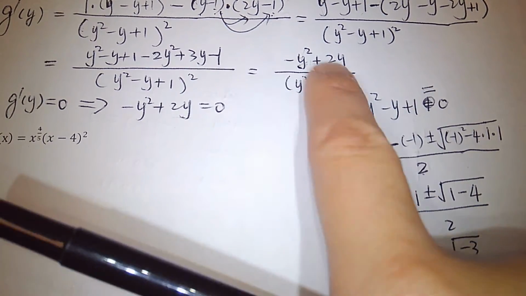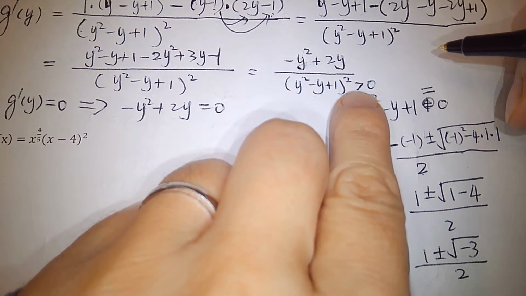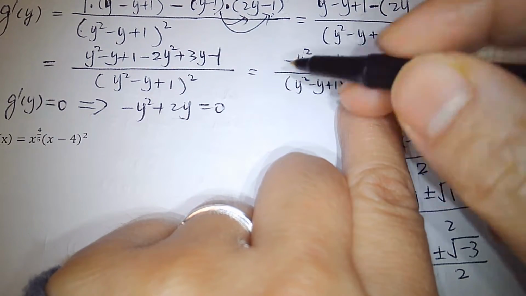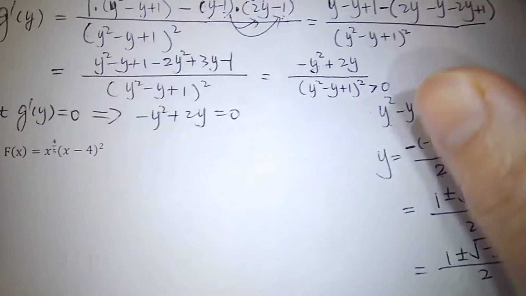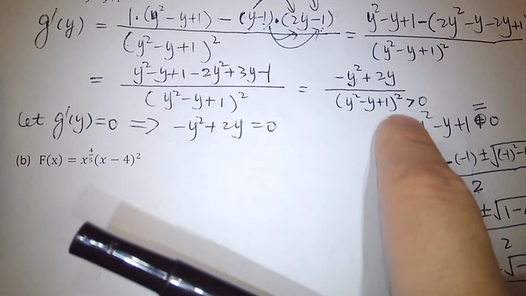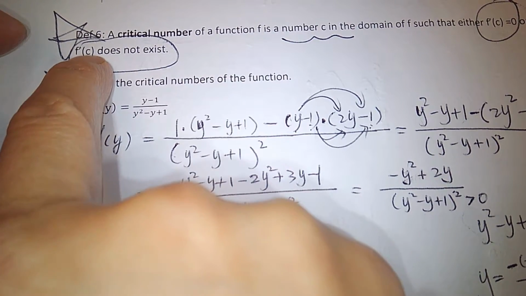If so, the square must be what? Always positive, okay? So the denominator is always positive. So there's no case where the derivative of g does not exist, because the denominator is always positive, okay?